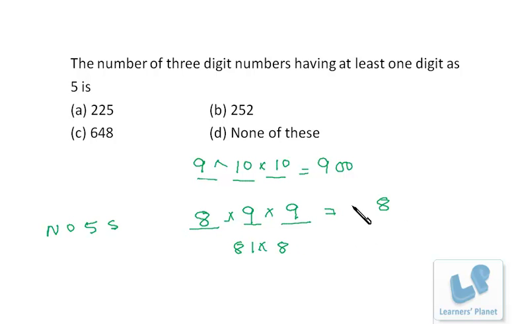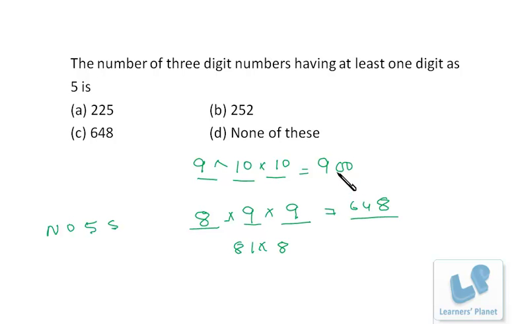So it's 648, right? So in all 900 numbers are there, in which 648 numbers have no 5s at all. That means in the remaining numbers there will be at least one 5, right? There may be one 5 or two 5s, or all 3 5s, but at least one 5 will be there, because we eliminated all the numbers in which there was no 5.